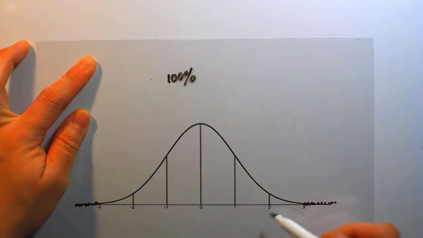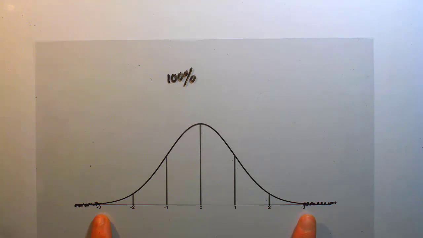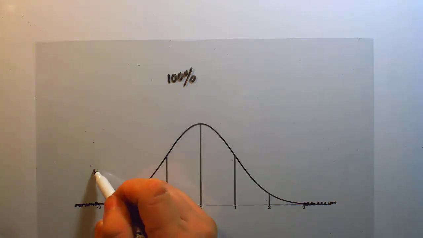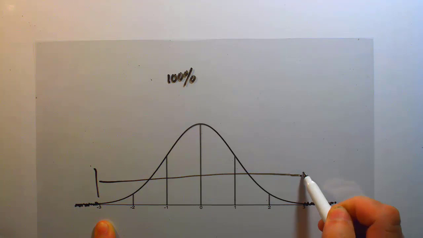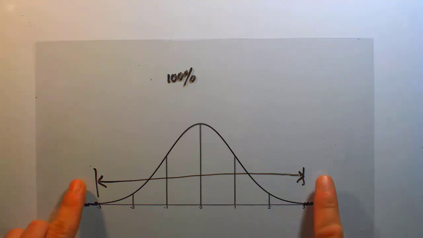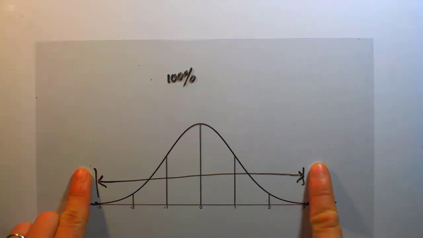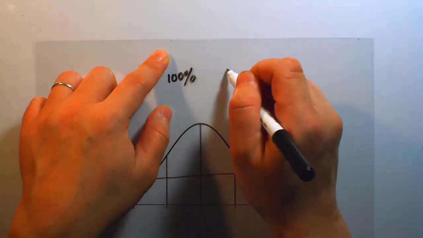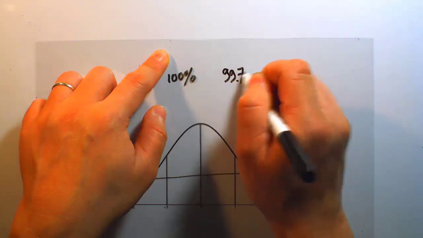But the empirical rule says anywhere between 3 standard deviations below mean to 3 standard deviations above mean, that amount of area here, I don't want to make too much shading, otherwise it's going to make the picture really hard to see, but that amount being contained inside my interval with the arrows here is 99.7% according to rule number 3 on the empirical rule.